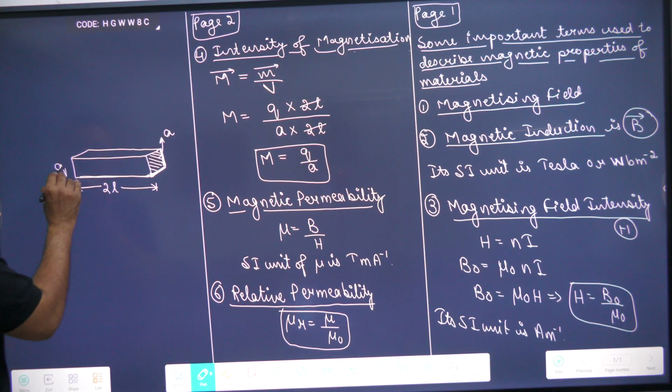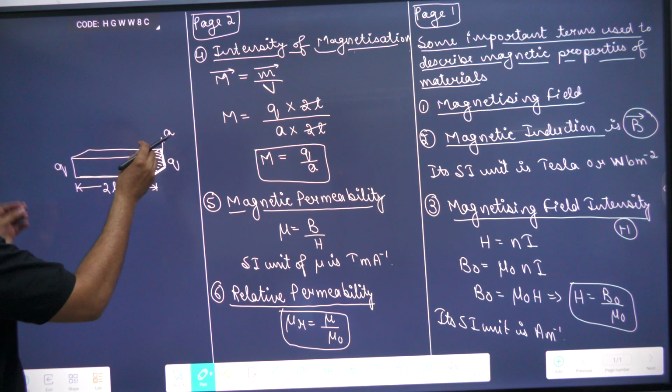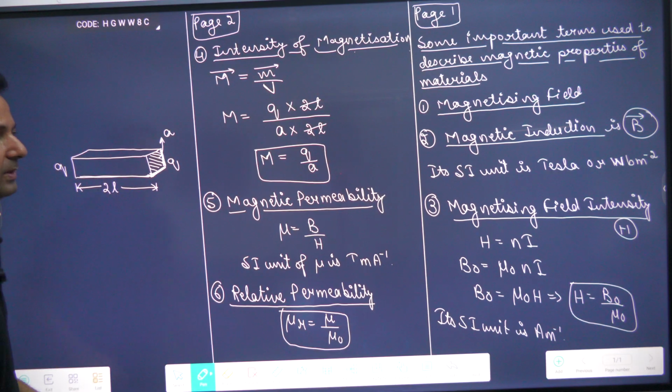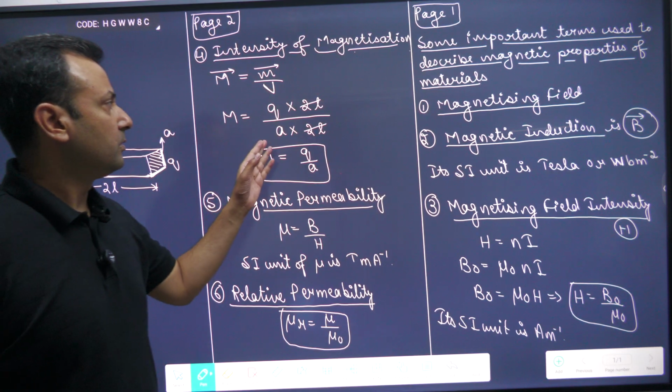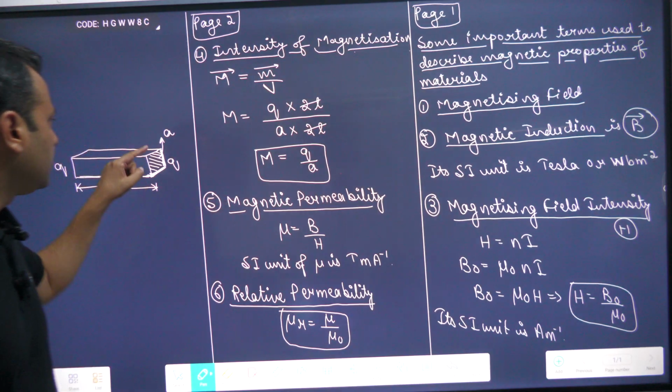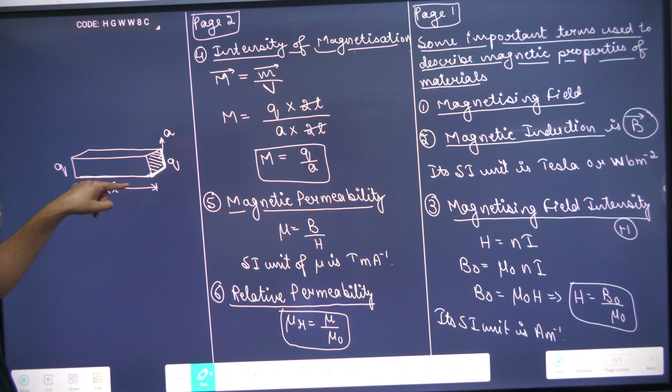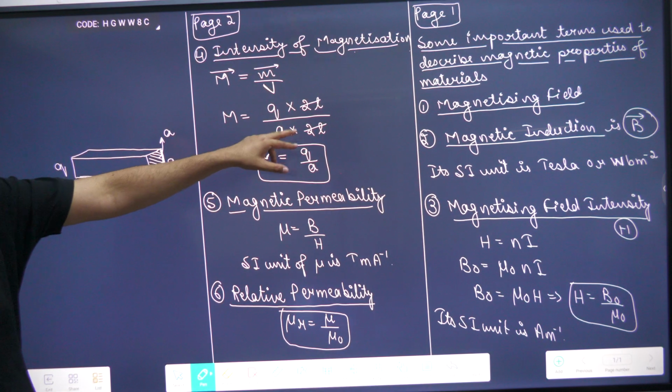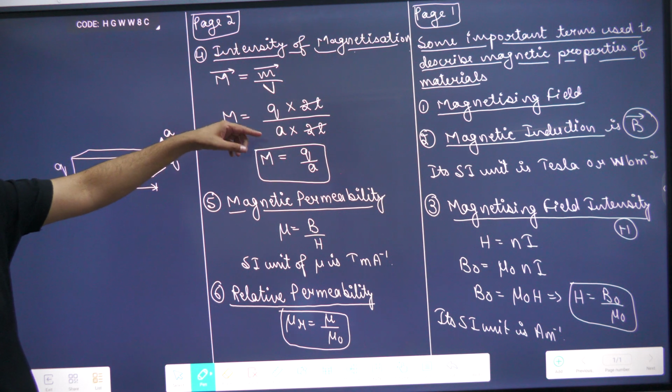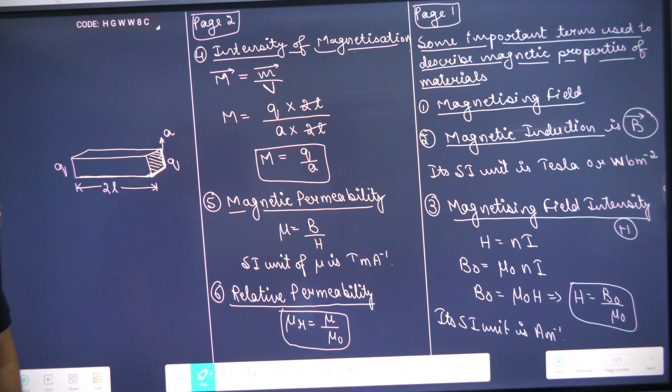Here the magnetic charge is Q, so Q into 2L upon volume. Volume is area of cross section multiplied by length or height, so this is A into 2L. 2L will get cancelled out and M will come out to be Q upon A.